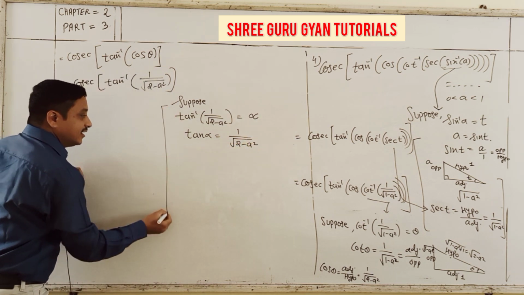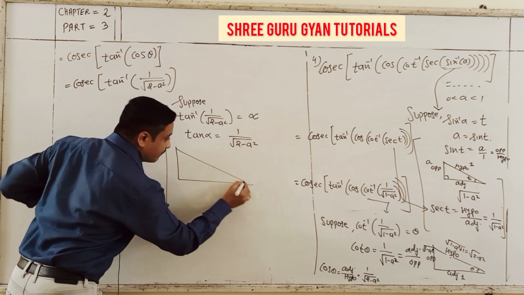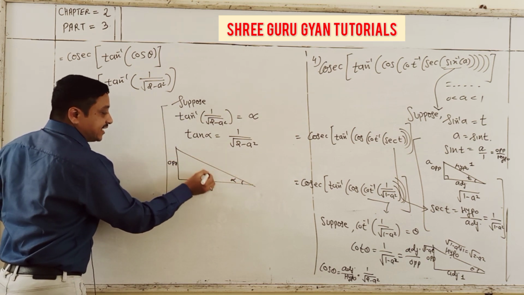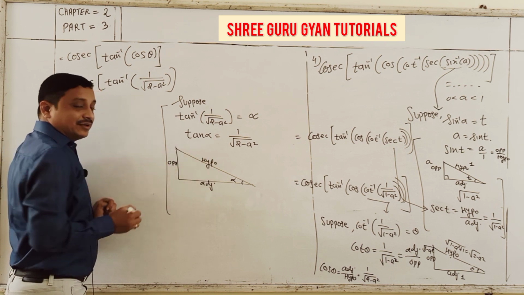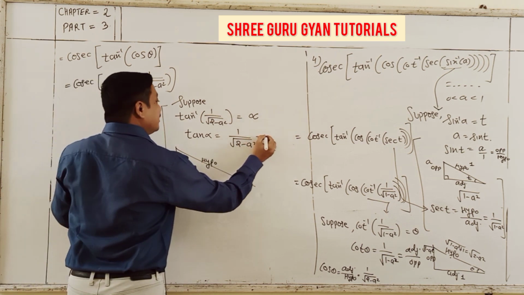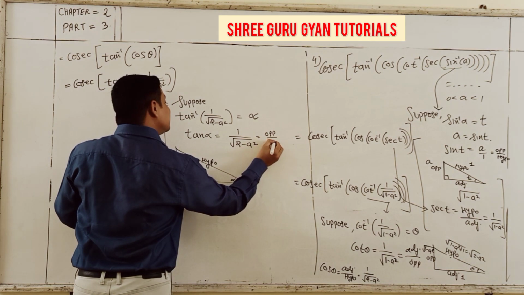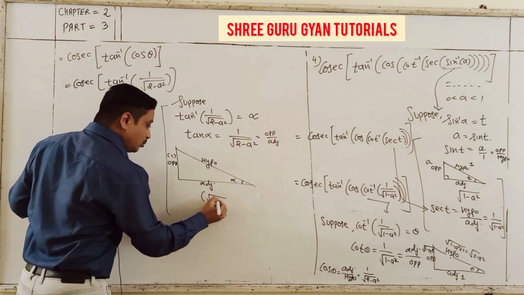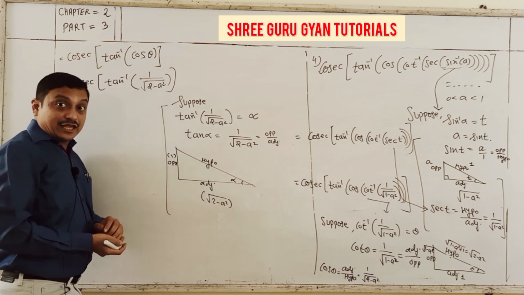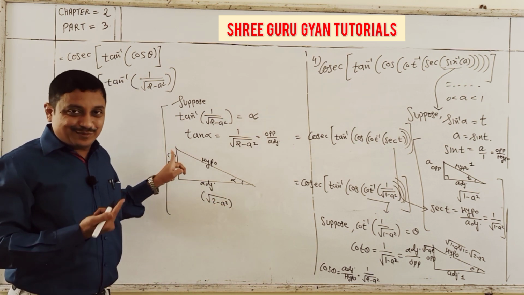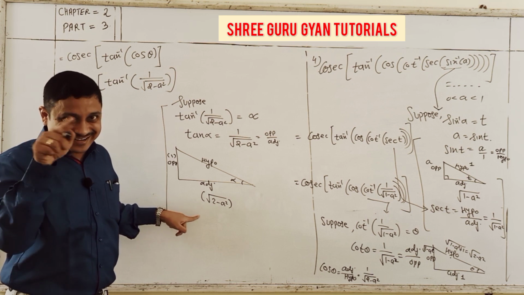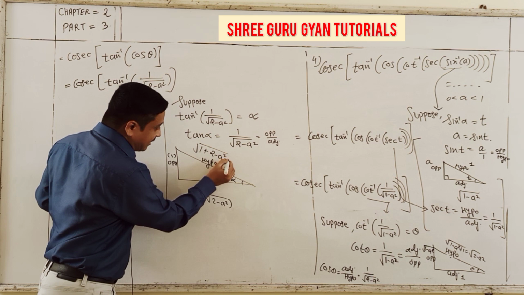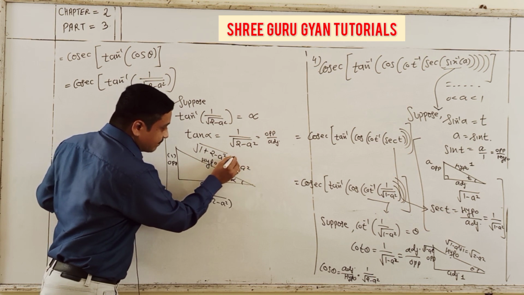Go to the triangle again, the best way: alpha, opposite, adjacent, hypotenuse, and the tan property you know, opposite side by adjacent side. Opposite is 1, adjacent is under root 2 minus a square, and for the third side hypotenuse, opposite square plus adjacent square in under root. So under root of 1 plus 2 minus a square, it will be 3 minus a square.